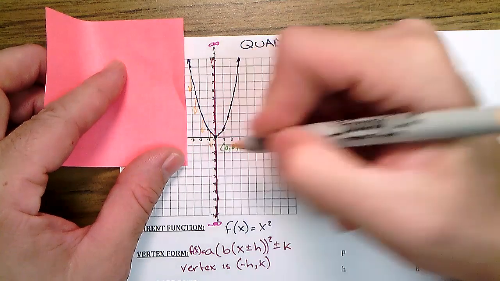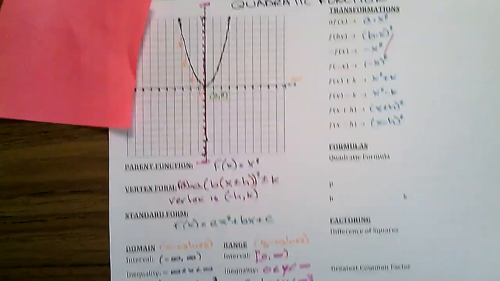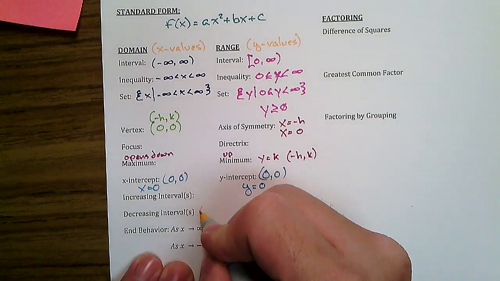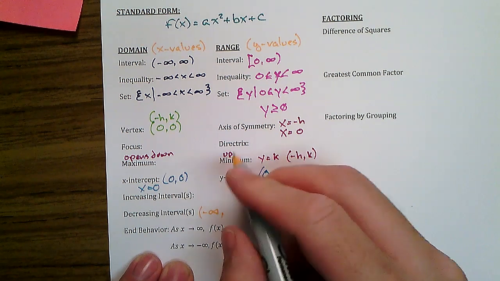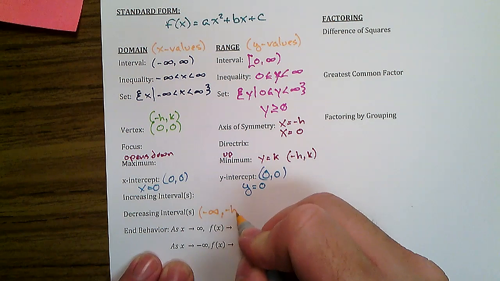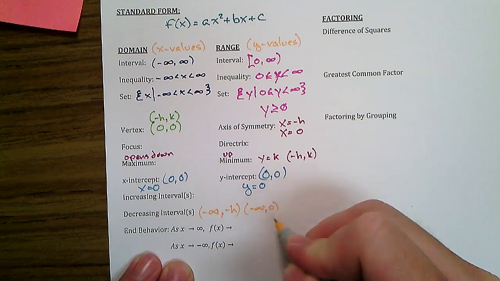And they're going to continue to go down until we get to the vertex. So our decreasing interval then is going to be negative infinity to our vertex, which is 0. And we could also say this in our x values as our negative h. So in this case, it's going to be negative infinity, comma, 0.